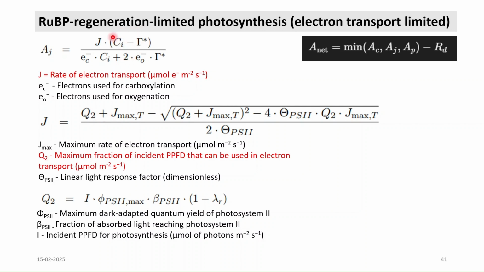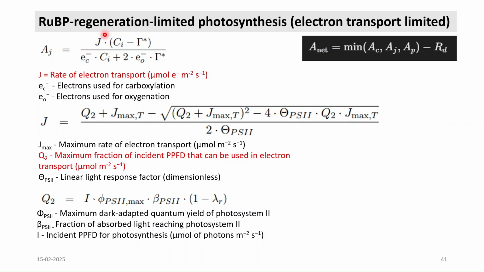Now, another important quantity here is the rate of electron transport. Unlike Vc max, J is just the rate of electron transport, and J is given by this equation: Q2 plus J max minus the square root of (Q2 plus J max) the whole squared minus 4 beta theta psi 2 into Q2 into J max, divided by 2 into theta psi.